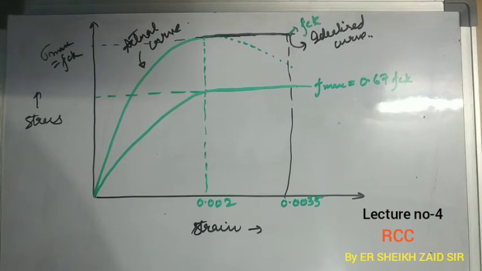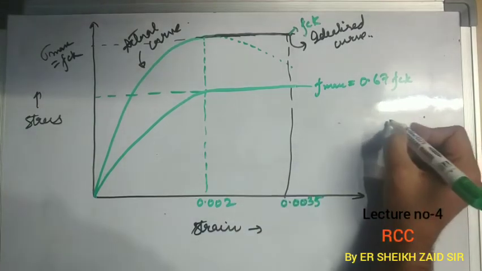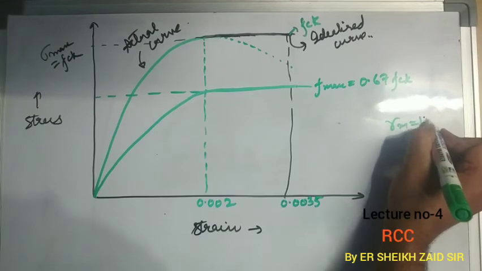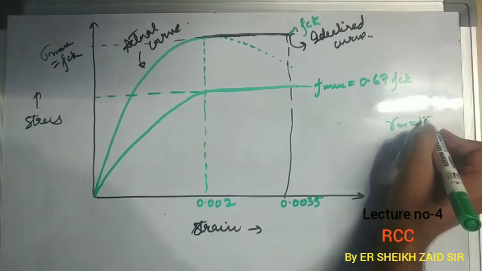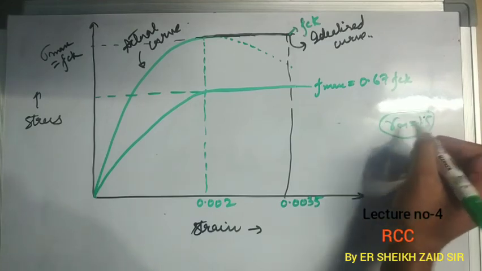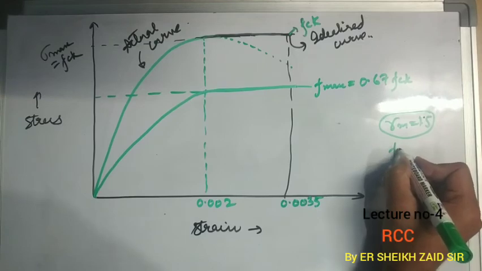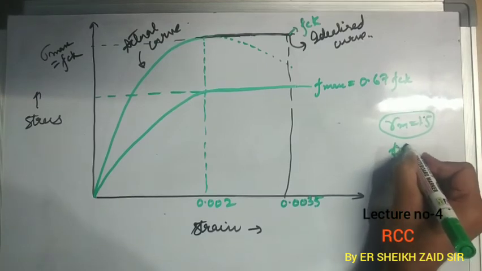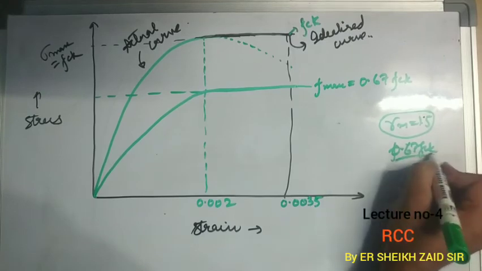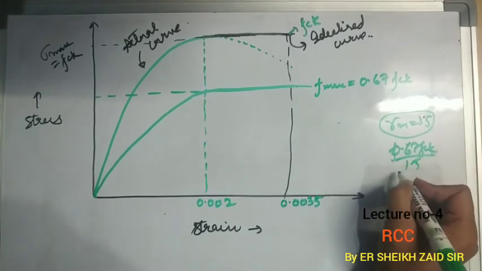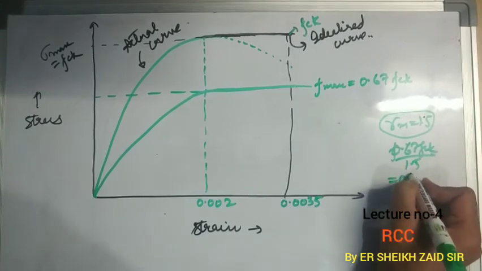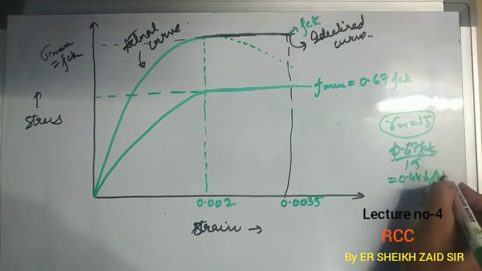Now, in addition to this, if a partial safety factor gamma m of 1.5 is applied to get the design curve, the design stress works out to be 0.67 FCK by 1.5, which will give us 0.446 FCK.